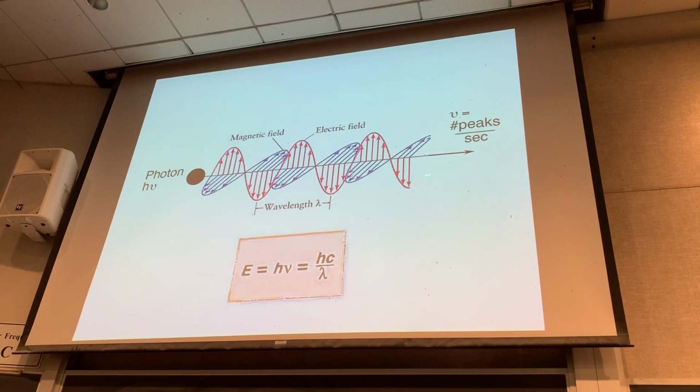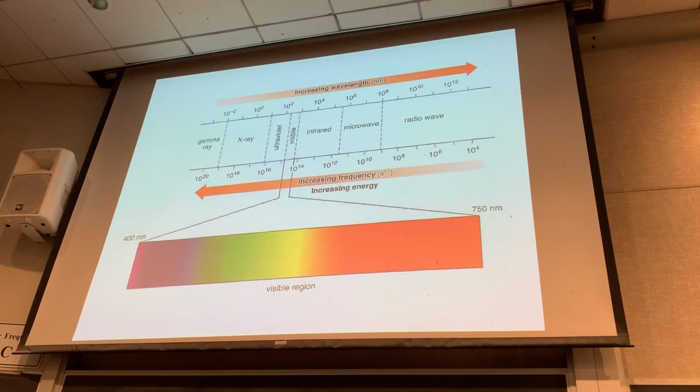But that's distinct from the speed of light, which is c, the constant, which is what, 3 times 10 to the 8th meters per second. That's a constant here. Frequency is related to the speed of light over the wavelength, which is the distance between two peaks. So basic physics, you should have a feel for that.